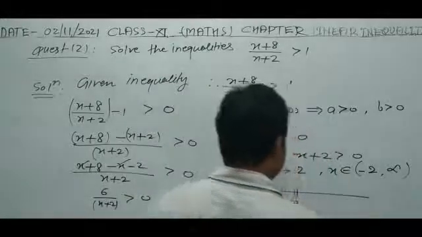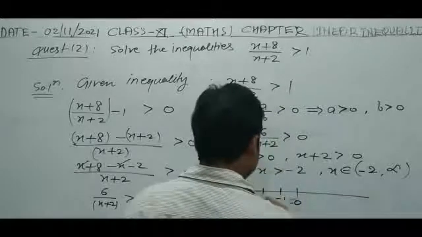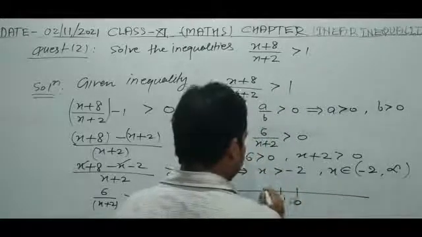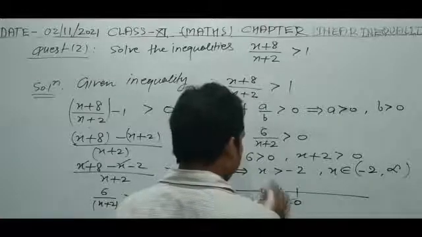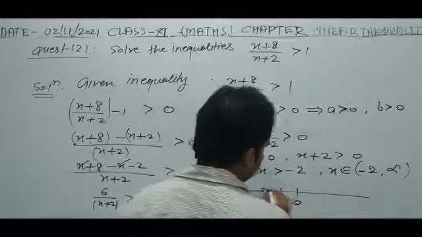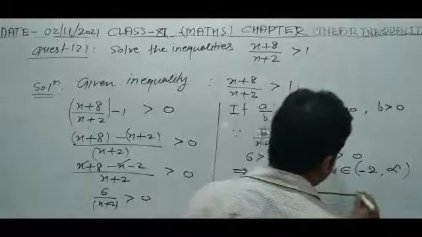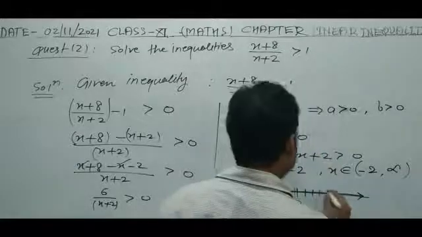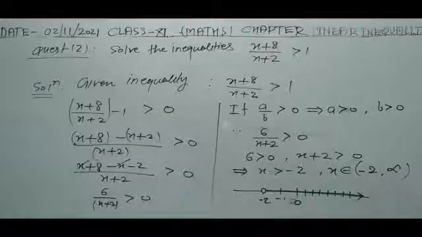Suppose this is 0, this is minus 1 and this is minus 2. Greater than minus 2 means this will be with a hollow circle, and greater than minus 2. This is the solution set.